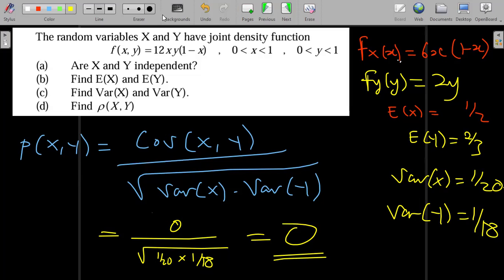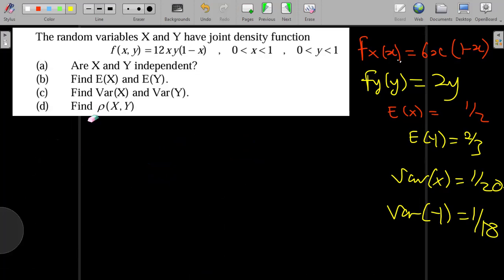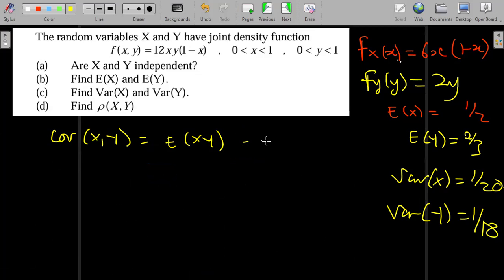All right, but what if there is a case where X and Y are not independent? What are you going to do? Remember the formula for the covariance. The covariance is the expected value of XY minus the expected value of X and then the expected value of Y. Now how do you find this? Because this and this we already have.